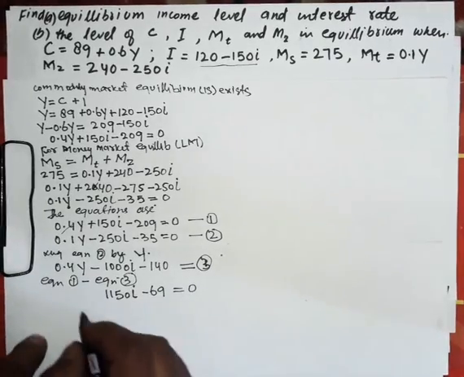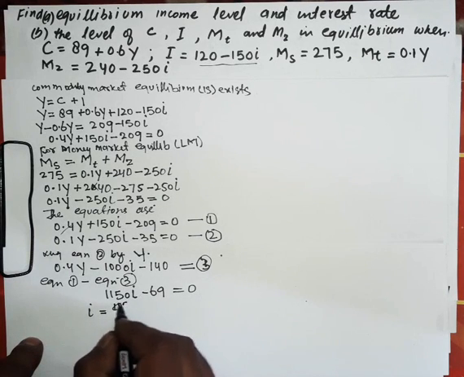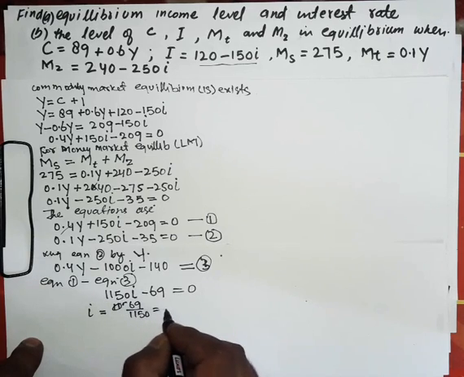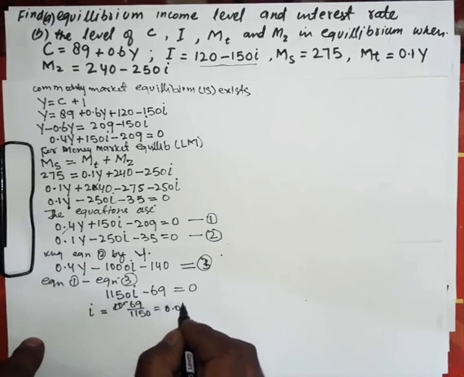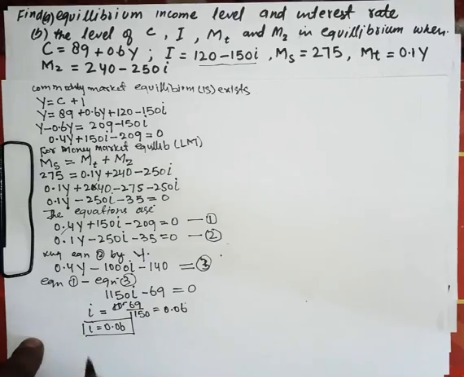Now solving for I, we get I is equal to 69 divided by 1150. On the calculator, I is equal to 0.06, the equilibrium rate of interest.